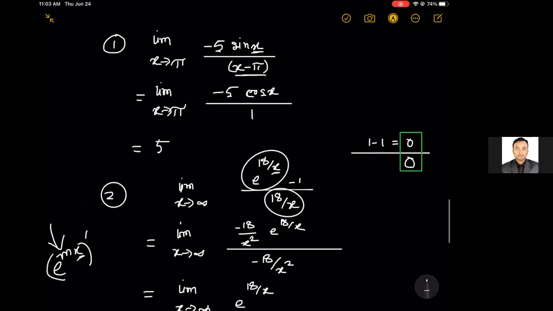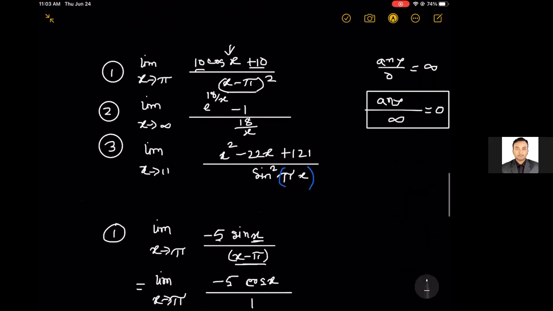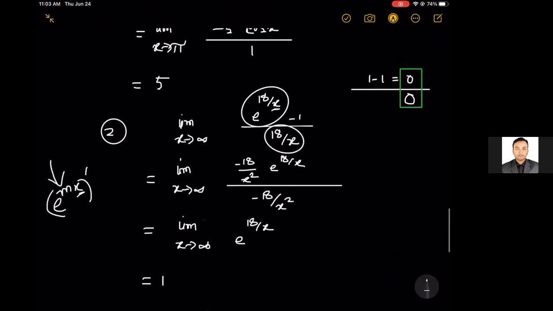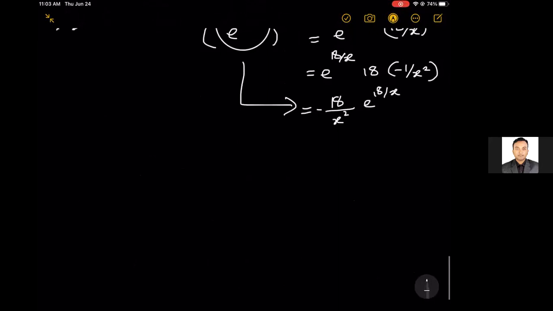Okay. What about this one? I don't think we have enough time to solve the third one, but I think that's easier of these three, right? This problem is probably easier than the other two. Anyway, let's see if we can solve it.